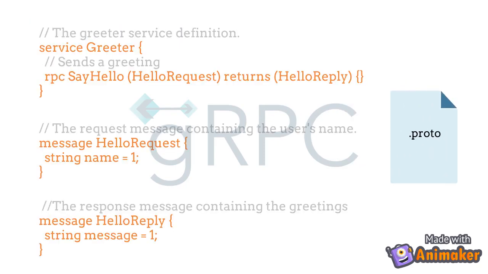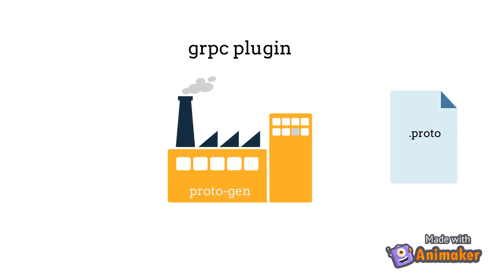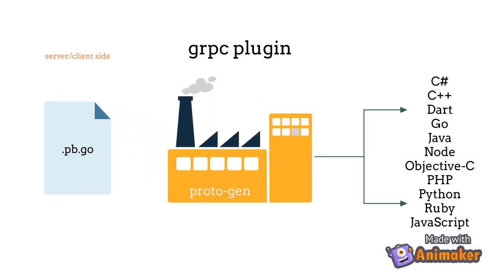When you use gRPC, you only need to define the structure for the data that you want to serialize in a proto file. Then use Proto with a special gRPC plugin to generate code from your proto file to get gRPC server and client code. Different languages would require different gRPC plugins.